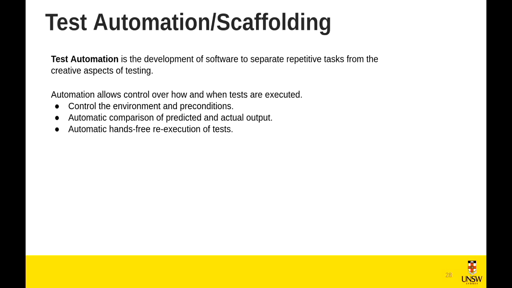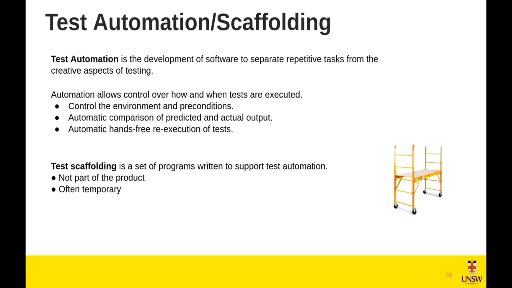And the third one is, we need to be able to execute or re-execute the tests automatically. So these are the aspects where we could automate the process of testing, and that's the concept of test automation.